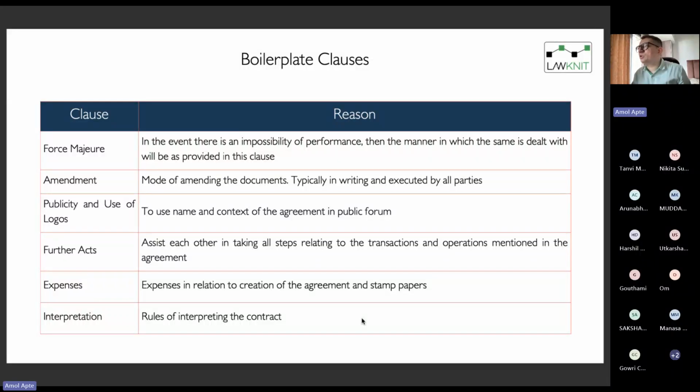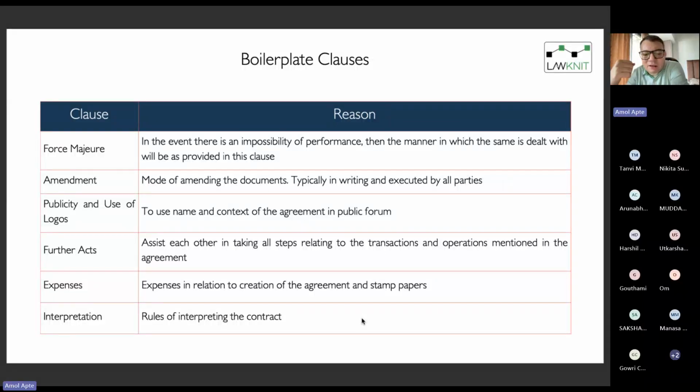For example, in a lease agreement, if I define a force majeure event as earthquake, fire, or whatever, and then say that in case I'm incapacitated from utilizing the premises because of a force majeure event, the right attached to it is that, after 30 days of such event persisting, either I terminate, or I can also have a clause where I come back to the table and negotiate the rentals, etc. So force majeure typically deals with those situations which are beyond the control of either of the parties.